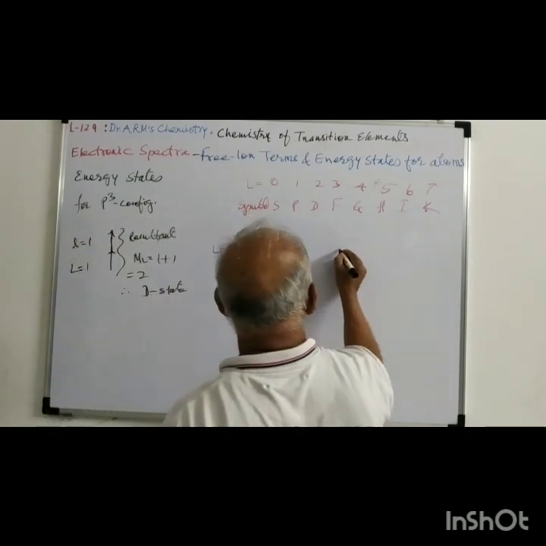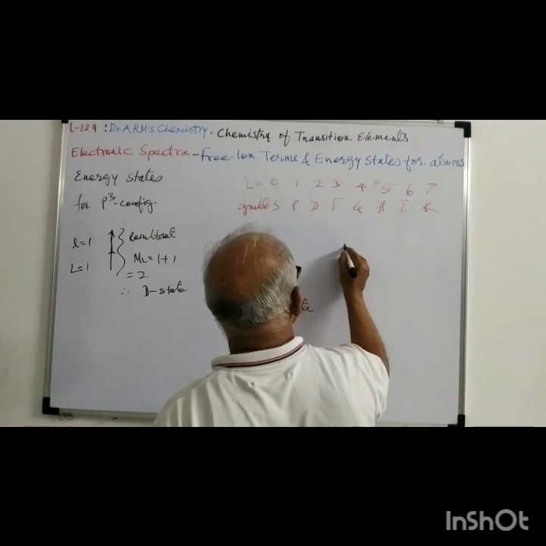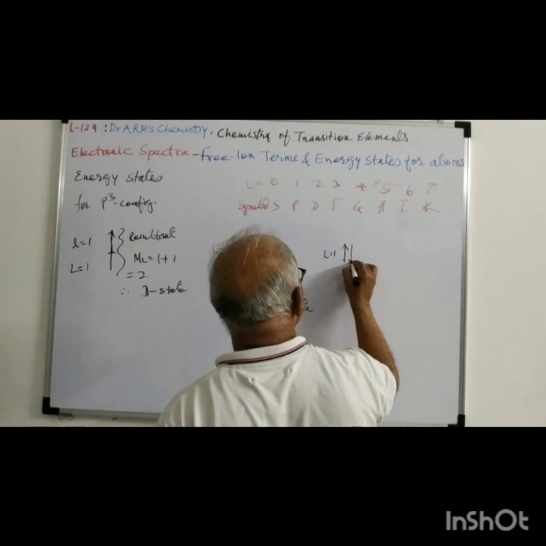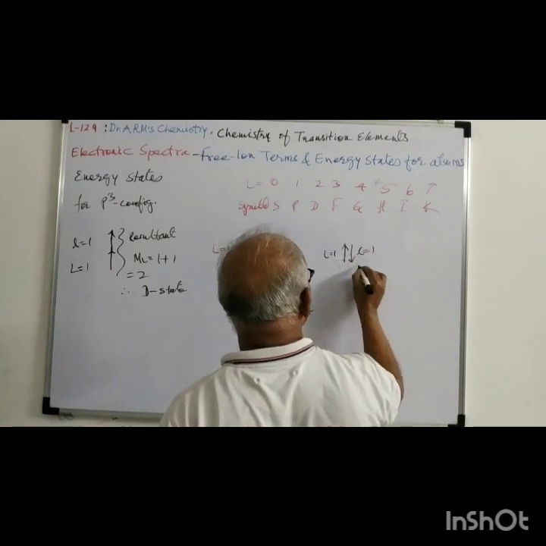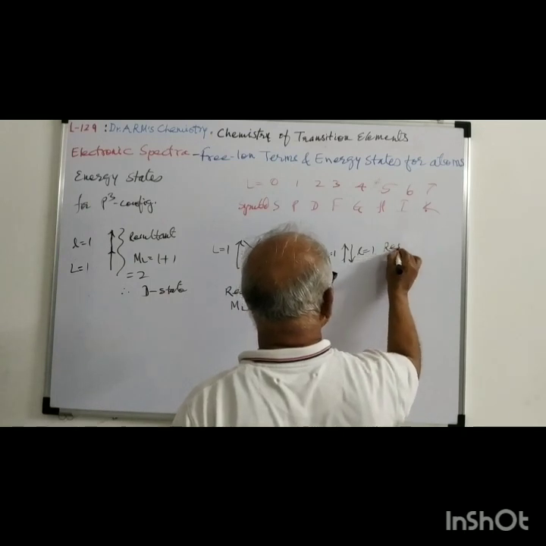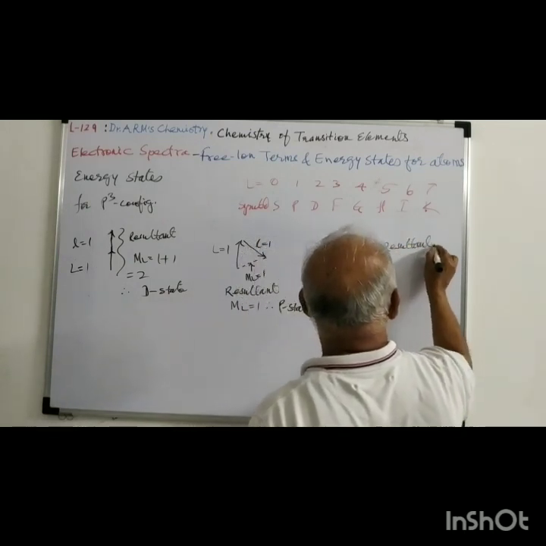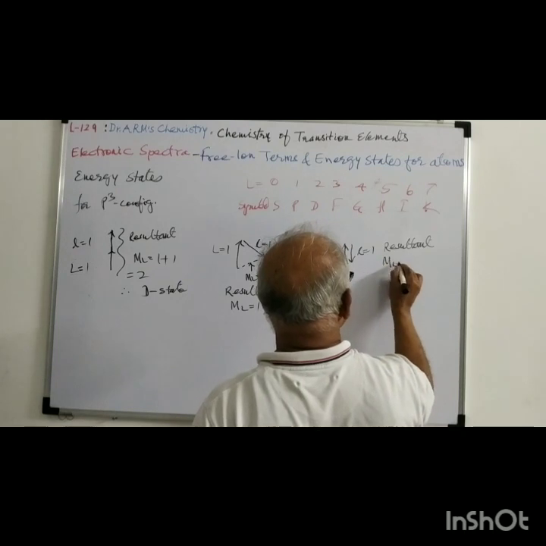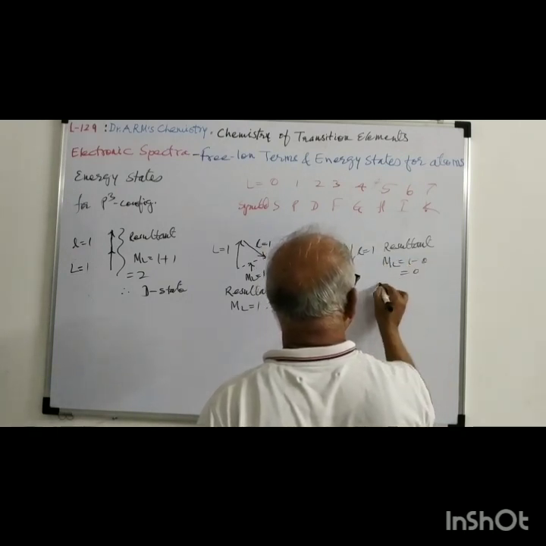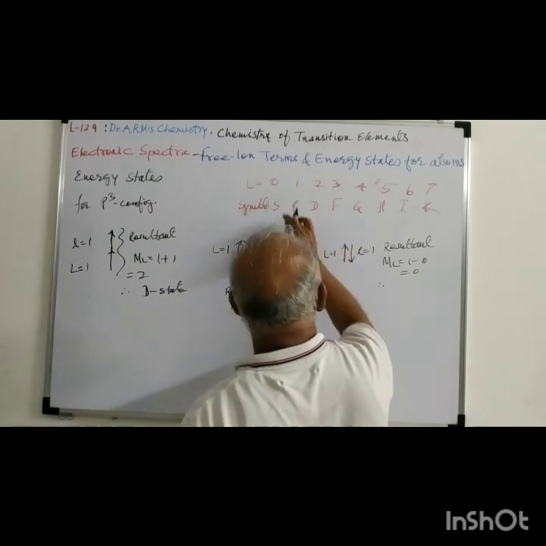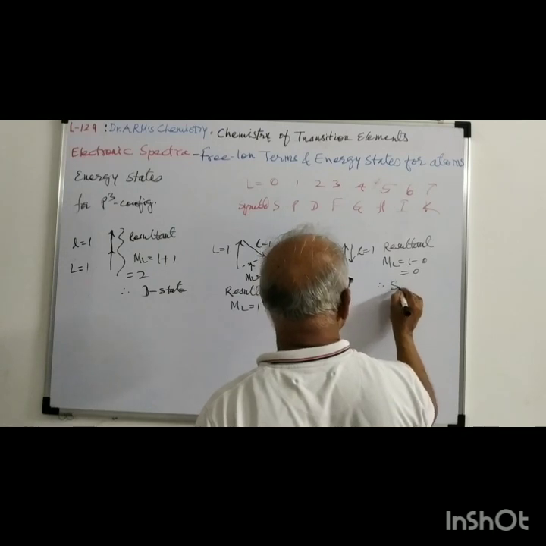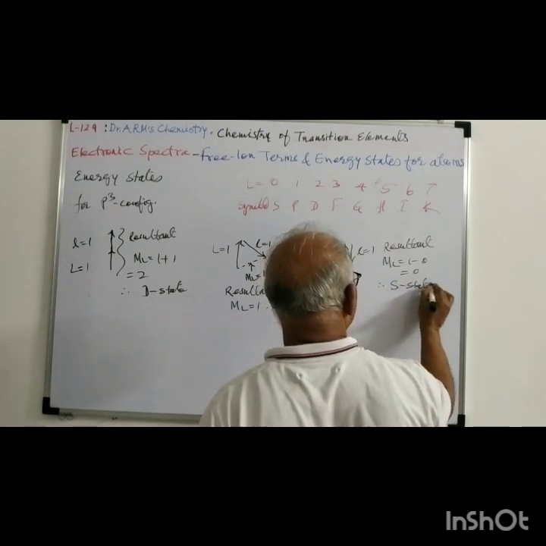Then when the directions of this L is equal to 1 and this L is equal to 1 are opposite to each other, then the resultant ML is equal to 1 minus 1 is 0, and therefore the state corresponding to ML 0 is S state.